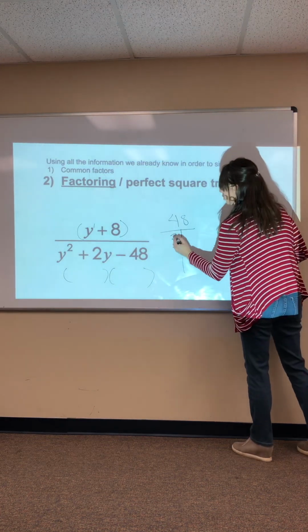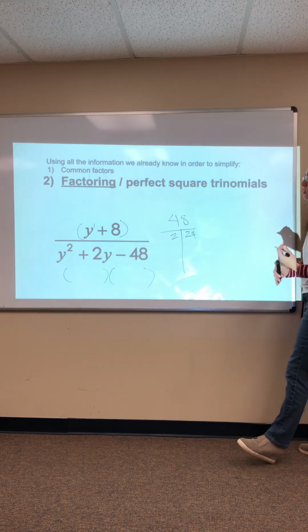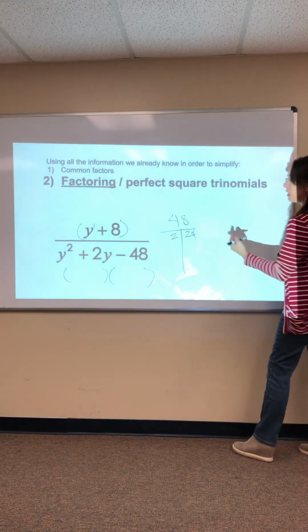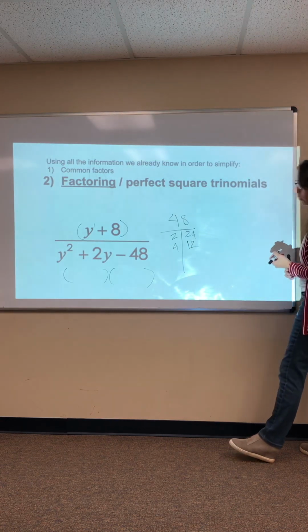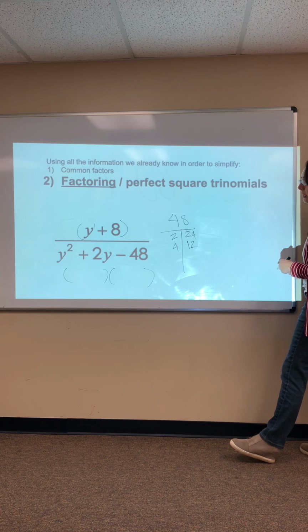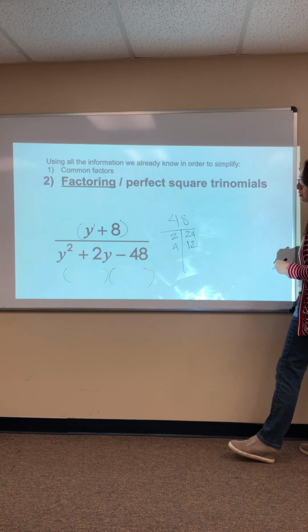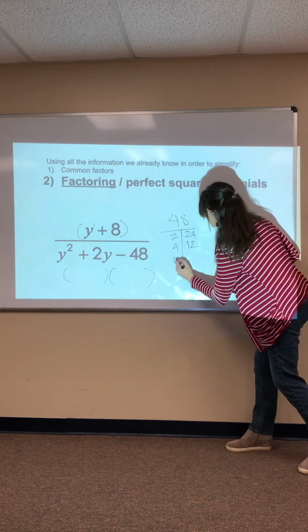We can have 2 times 24. The difference between those is not the same. So let's start thinking. We have 4 times 12. It's not there. Okay, what are some other factors of 48? 6 times 8.